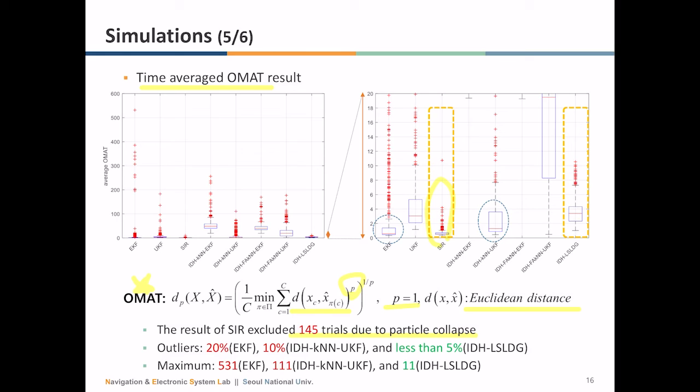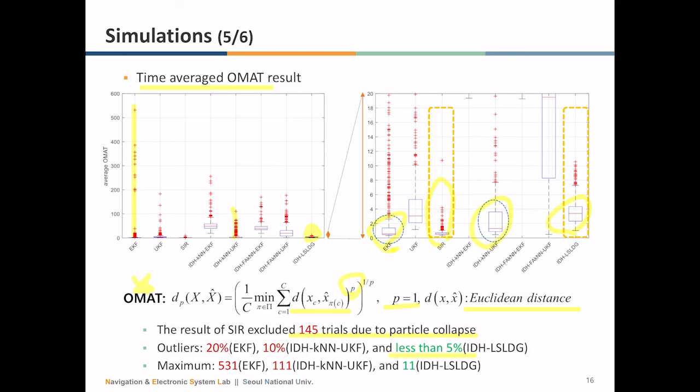Excluding the result of SIR, the results for inliers appear to be good in the order of EKF, IDH-KNN-UKF, and IDH-LSLDG. However, more than 20% of EKF trials are outliers, and about 10% of IDH-KNN-UKF are outliers, while the outliers of IDH-LSLDG are less than 5% of all trials.